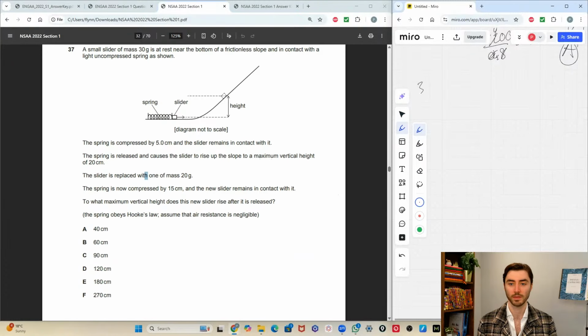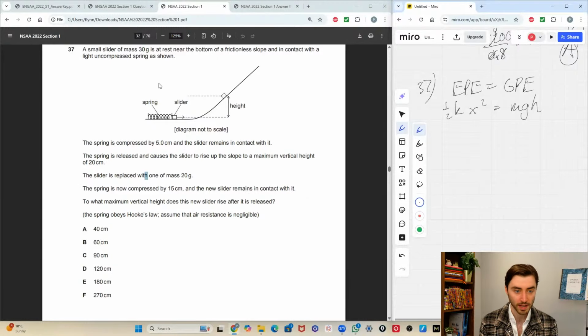So let's see if there's enough time for me to have forgotten how to do this. What's happening here is that the elastic potential energy is being converted into gravitational potential energy. So half k x squared equals mgh. Now, this is a before and after case, with the 30-gram slider and the 20-gram slider.